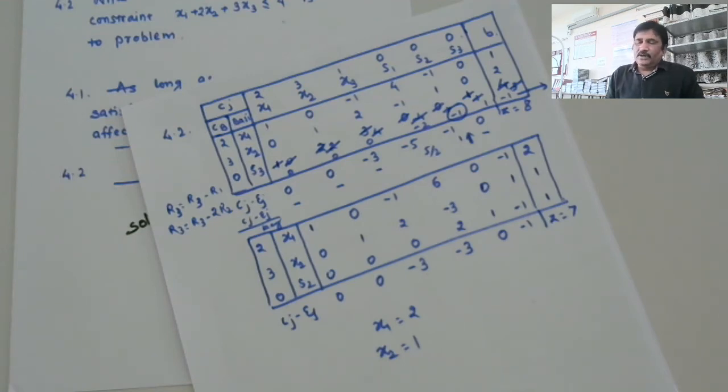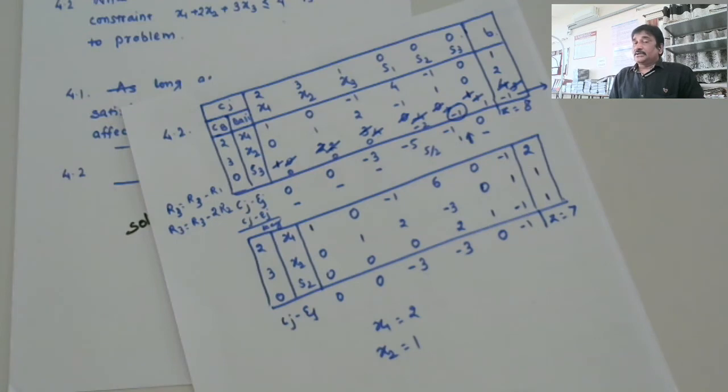Even if you have a very big problem right in the beginning, 100 variables and 100 constraints, you can find out which are the very important variables. Might be out of 100, 10 variables are important to you, and out of 100 constraints, 10 constraints are important. So you can solve the problem with 10 variables and 10 constraints.